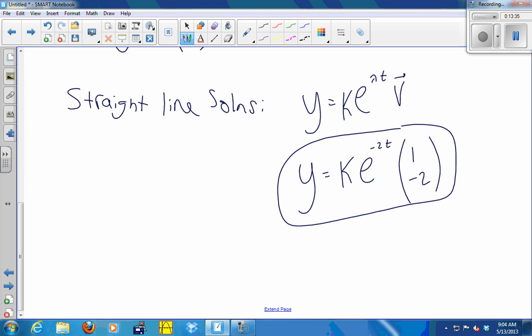They didn't write a k, and in here they put x and -2x. It's just another way of writing all the multiples of this eigenvector.